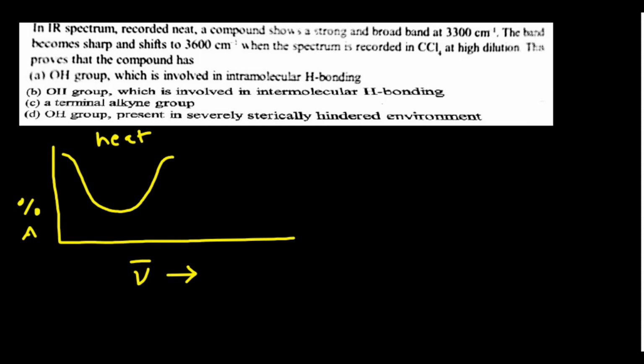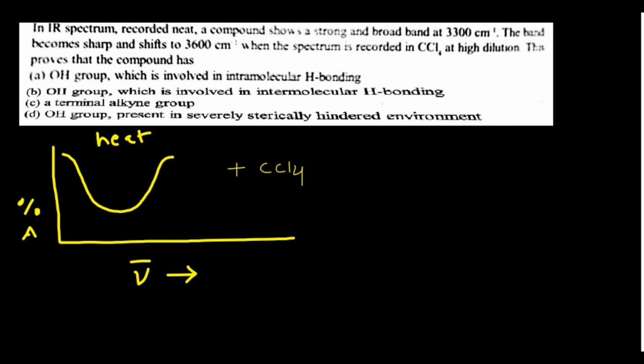Now what can happen when we add some inert solvent to it, right? When we add the non-polar solvent to it, say for example, I have added carbon tetrachloride. Not for example, it is given in the question. So what will happen when you add the carbon tetrachloride?